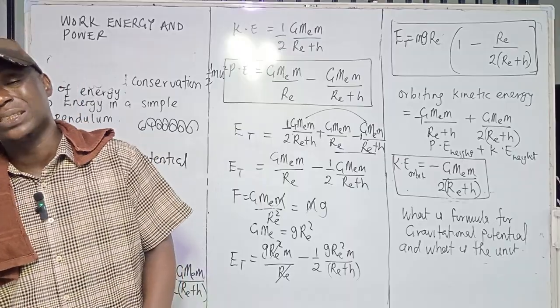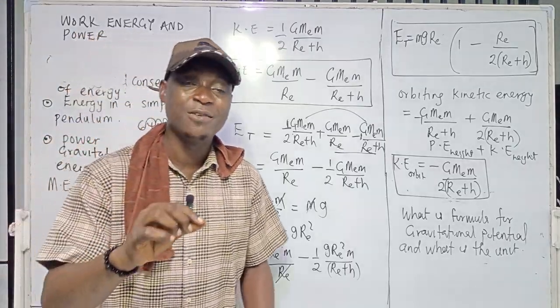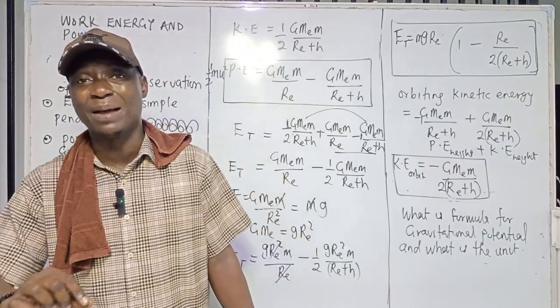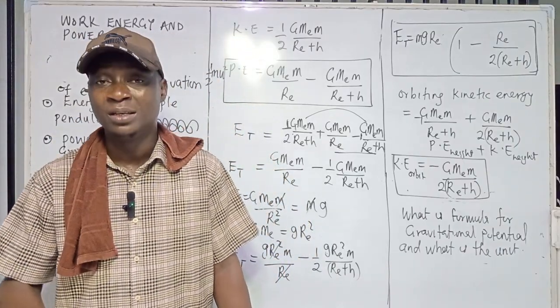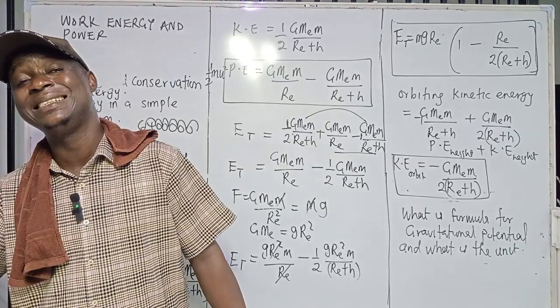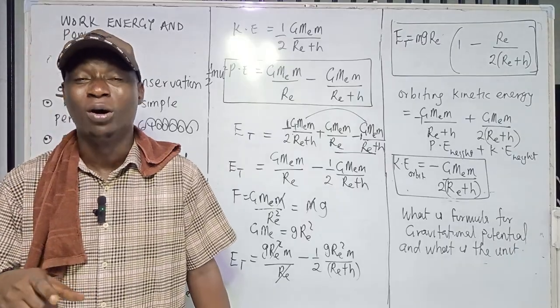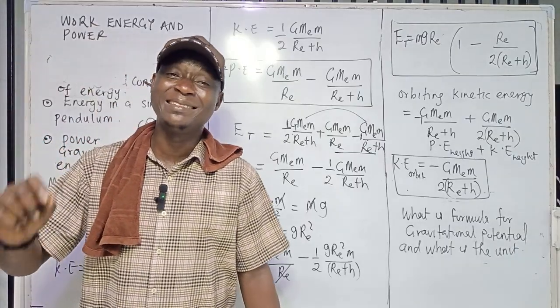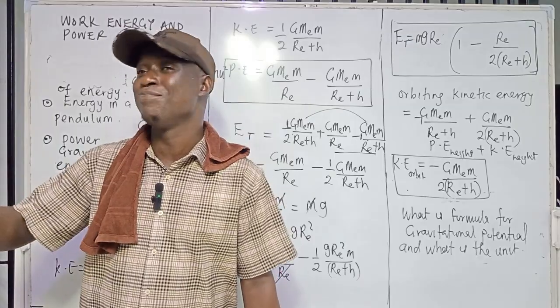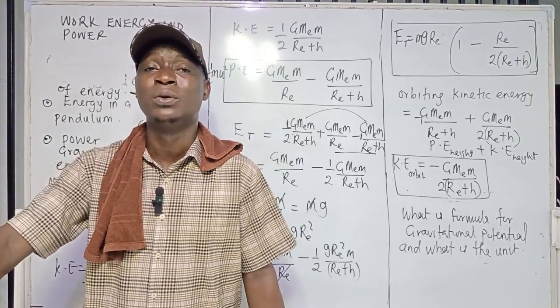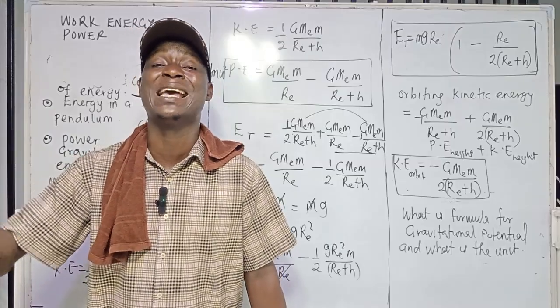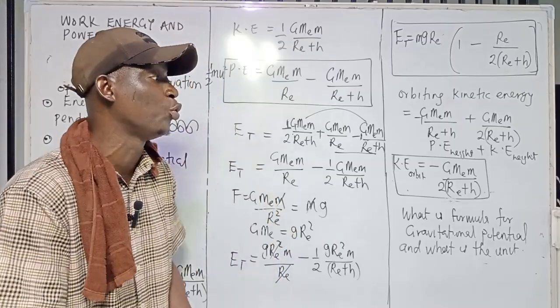Now, in conservative forces, the mechanical energy is constant, that means it is conserved. But in non-conservative force, mechanical energy is not conserved. Although the total energy is conserved, the mechanical energy is not available in such a system because it is converted to heat energy.